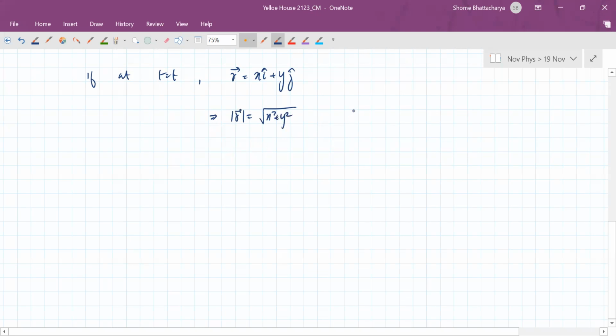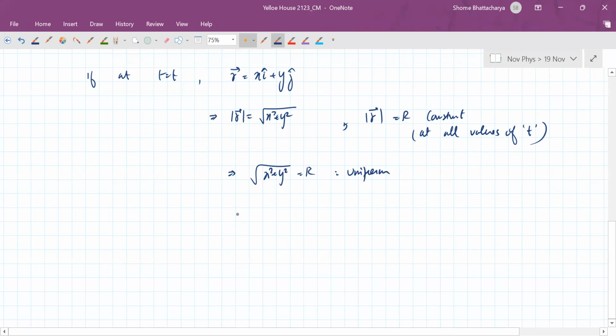So this mod r should be equal to capital R, which is constant at all values of t. That means root of x square plus y square is R, which is constant. So x square plus y square is equal to R square. This becomes, as you know, the equation of the circle.